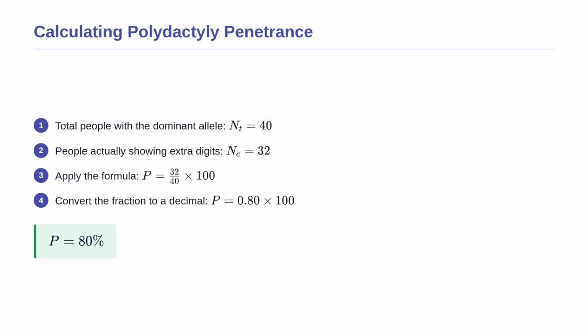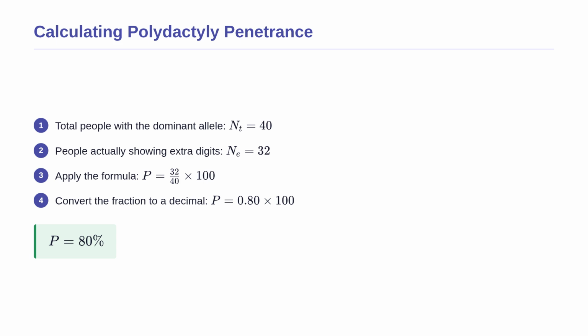Before we move on, let us see this formula in action with a concrete example. Let us look at a real-world genetic condition called polydactyly, which results in extra fingers or toes. Suppose a geneticist finds that 40 people carry the dominant allele for polydactyly. This is our total, Nt. However, only 32 of these individuals actually have extra digits.